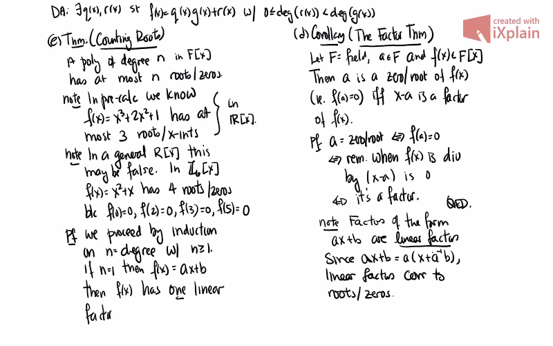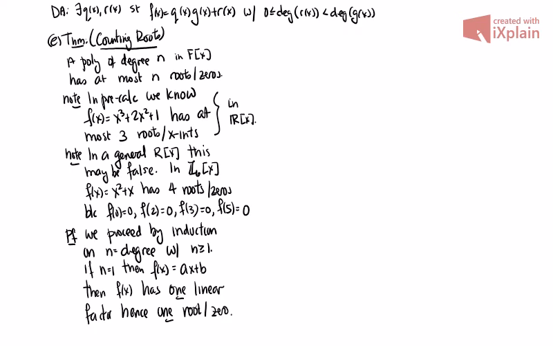So one linear factor, hence 1 root or zero. All right, so the n equals 1 case is straightforward. Now let's assume it's true for k. In other words, a polynomial of degree k has at most k roots. And now let f of x be degree k plus 1.